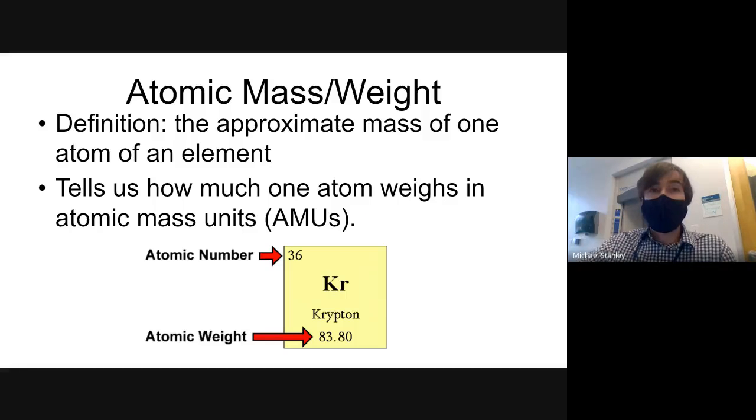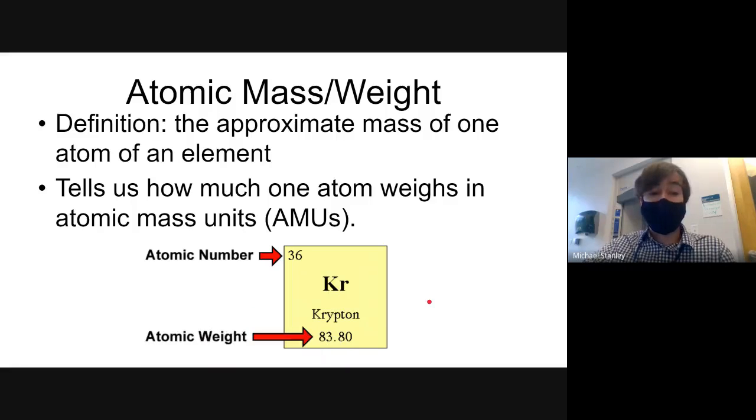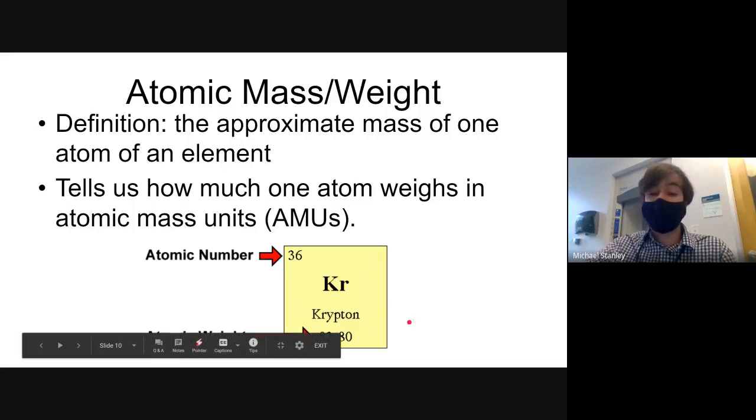There's some atoms that are like 6 or 8 or 10 AMUs. There's some atoms that are like 215 AMUs. But whatever the weight, that is what the number down here on the bottom of the periodic table box is showing us: how heavy this atom is.